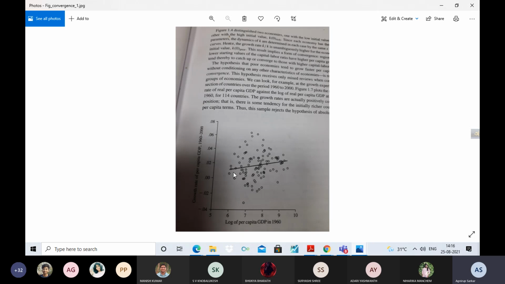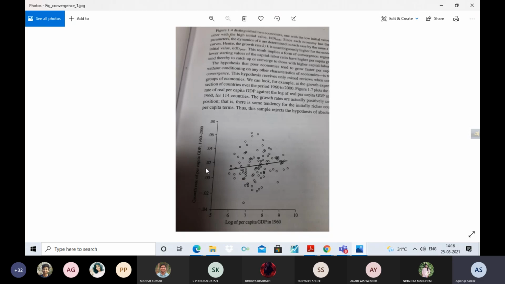That is, there is some tendency for the initially richer countries to grow faster in per capita terms. So this particular sample rejects the hypothesis of absolute convergence. Because if the hypothesis of absolute convergence were to hold true, it would have been the other way around, and we should have observed a slightly downward sloping trend instead of an upward rising trend.